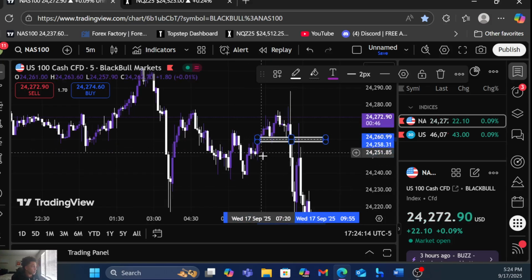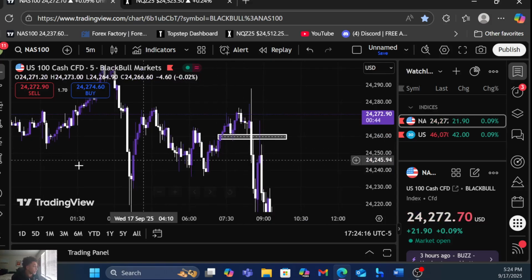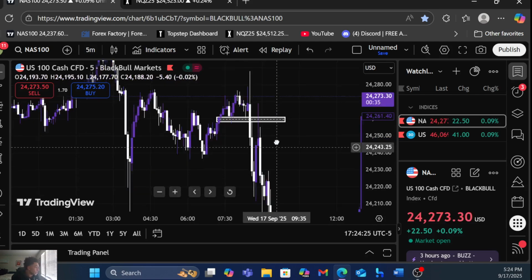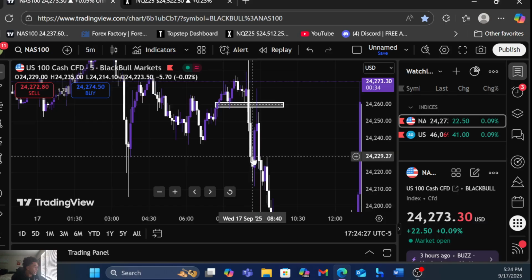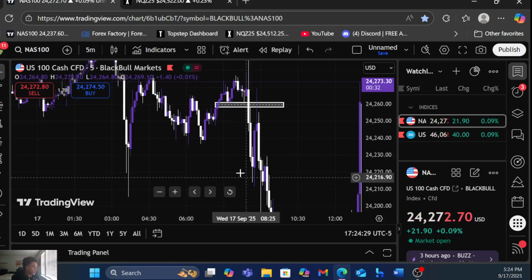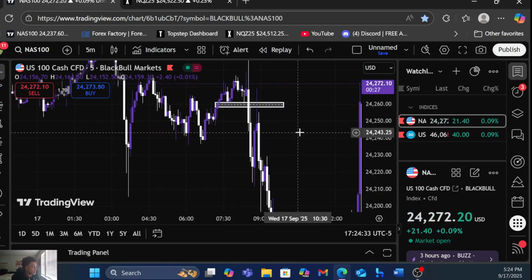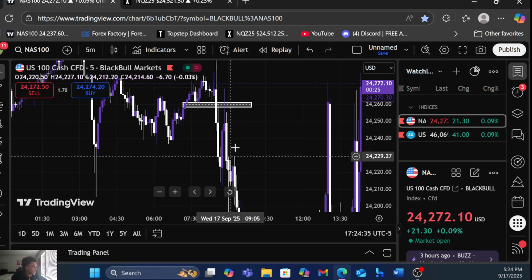Then we wait for a break and then the retest. And then we could have entered all the way down here, but we would have got stopped out. But this was today.